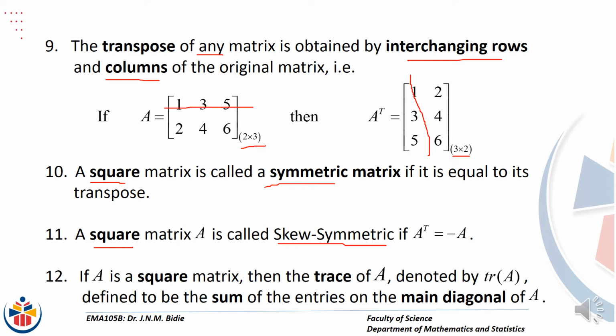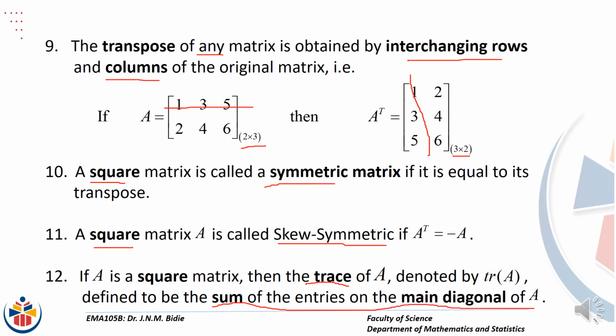And then the last definition, a square matrix A, for which we can calculate the trace. So if we want the trace of the square matrix A, it is just the sum of the entries on the main diagonal.